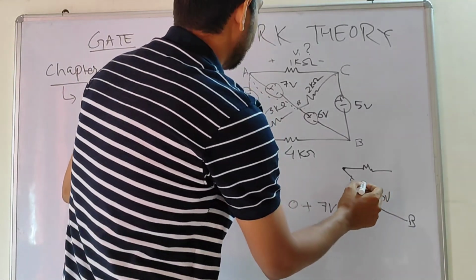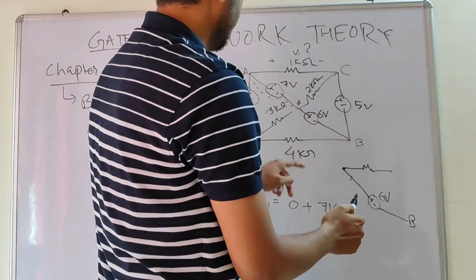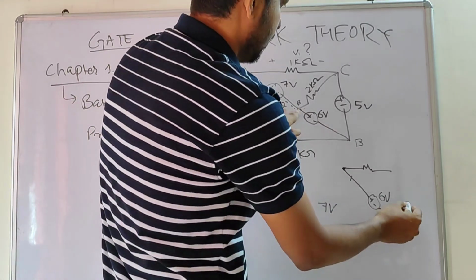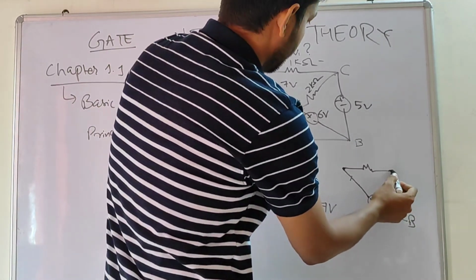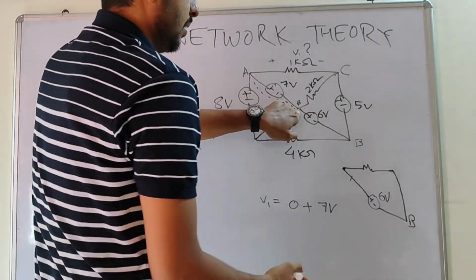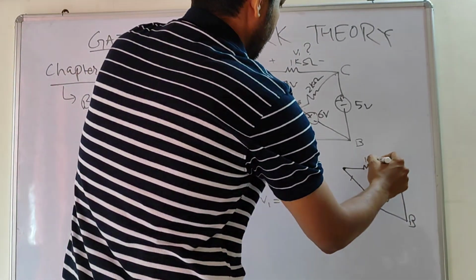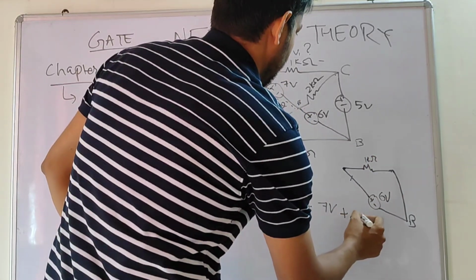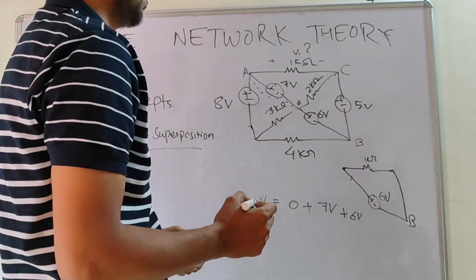And 5 volt source is not there, so this is also connected like this. So basically 6 volt will be falling on this, correct?